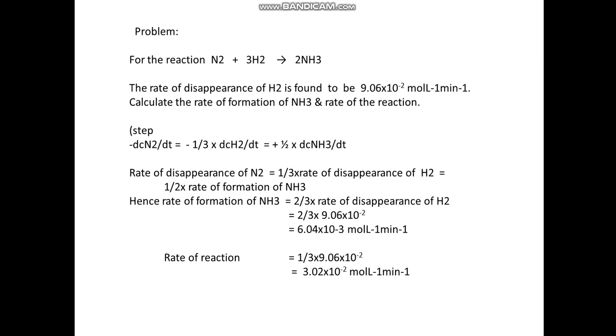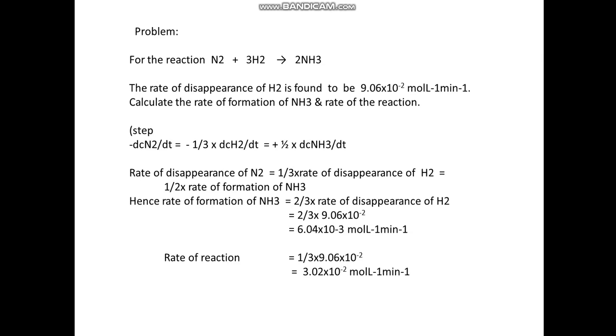So, from this equation we can write minus d[N2] by dt, that is the rate of disappearance of nitrogen, is equal to minus 1 by 3 into d[H2] by dt, that is the rate of disappearance of hydrogen, that is equal to plus 1 by 2 into d[NH3] by dt, that is the rate of formation of ammonia.